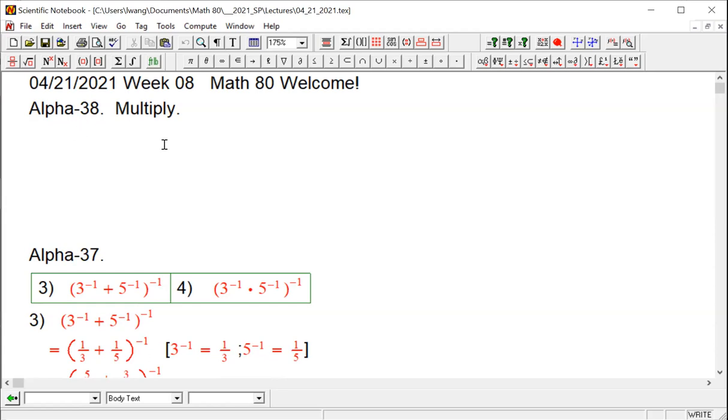This is factoring. Have you guys heard of FOIL? You probably have. Even if you don't know this word, it's no big deal. I didn't learn it by FOIL.